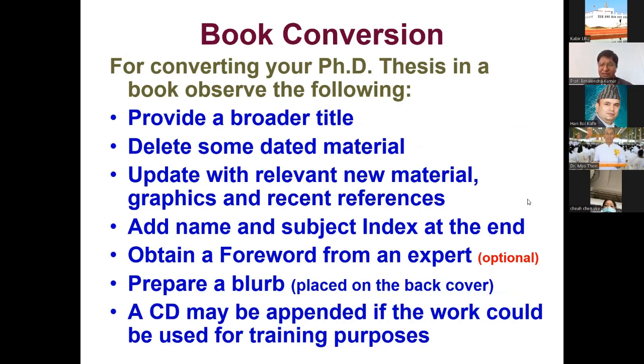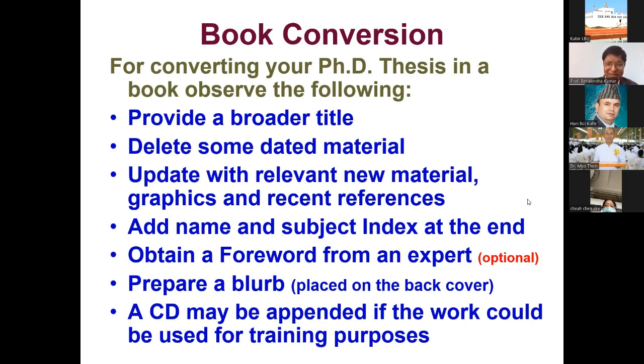This part is about how theses are converted into books. These are not related to this at the present moment; I am leaving it for just after that. Consider the views of the external and internal examiners and the suggestions given at the pre-viva and the final viva.